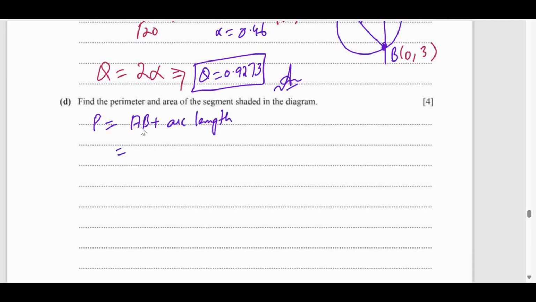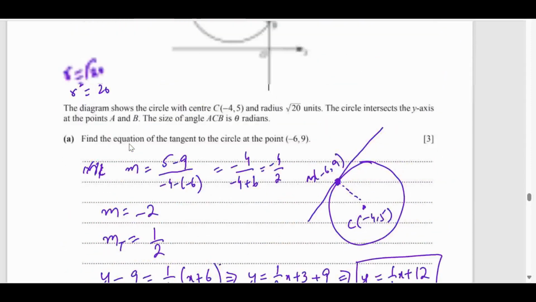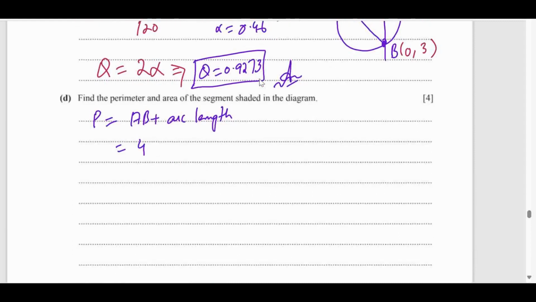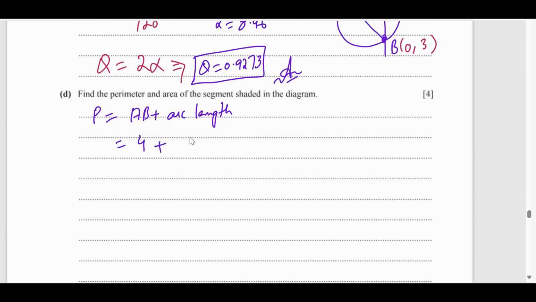So the distance of A to B will be equal to 4, because we can see that this point is (0, 3) and this point is (0, 7). So AB distance will be 4 units. So 4 plus arc length, which is basically r theta.